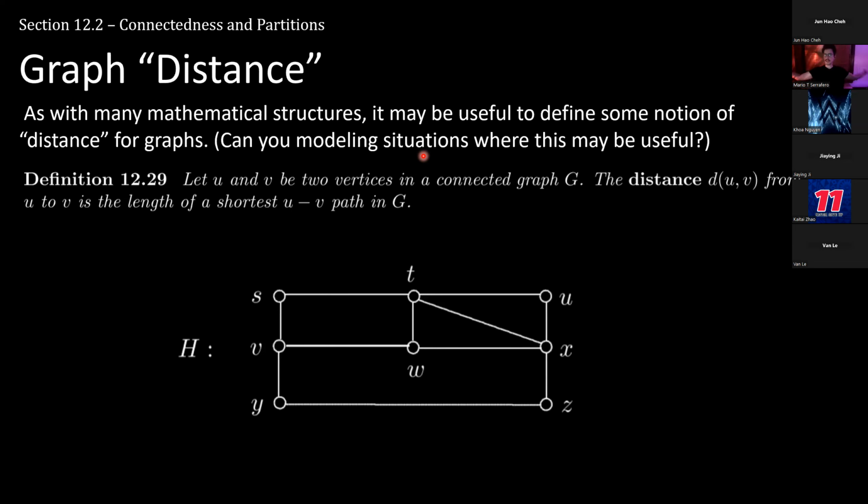There's also this notion of graph distance, which we won't really be using much, but as with many mathematical structures, it may be useful to define some notion of distance for graphs. So for example, you guys know about the Kevin Bacon distance, right?